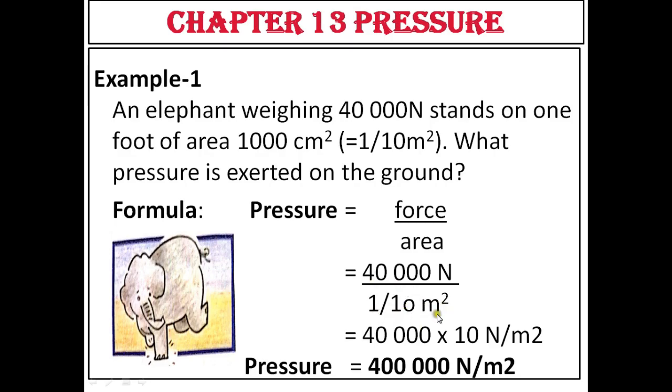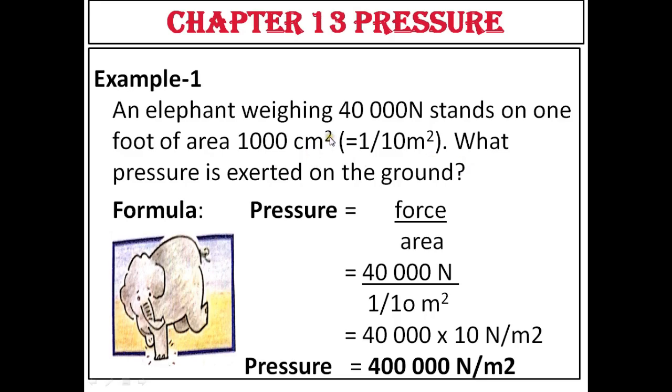When you multiply this by 10 in the next step, 40,000 multiplied by 10 gives you newtons per meter square. The answer we get for the pressure is 4 lakh newtons per meter square. So this is the answer for how much pressure is exerted on the ground.